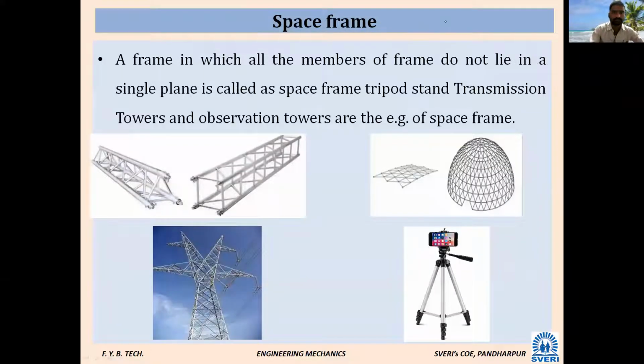So space frame. Next point is space frame. Write down the definition.